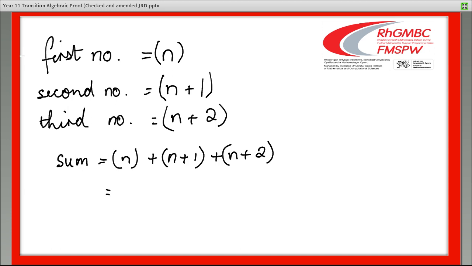And that will give me 3n plus 3, which is 3 brackets n plus 1.